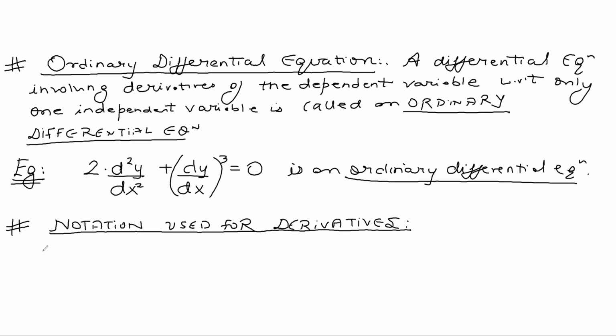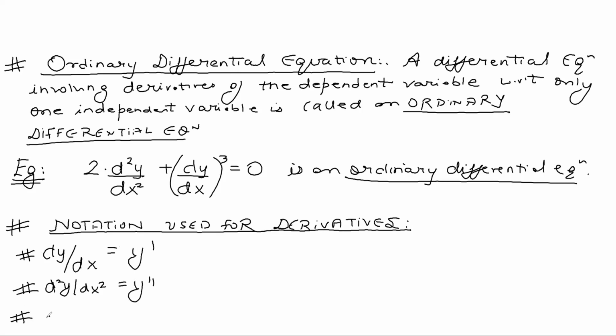So we can write it like this. dy by dx we denote by y dash. d square y by dx square we denote by y double dash. d cube y by dx cube we denote by y triple dash.